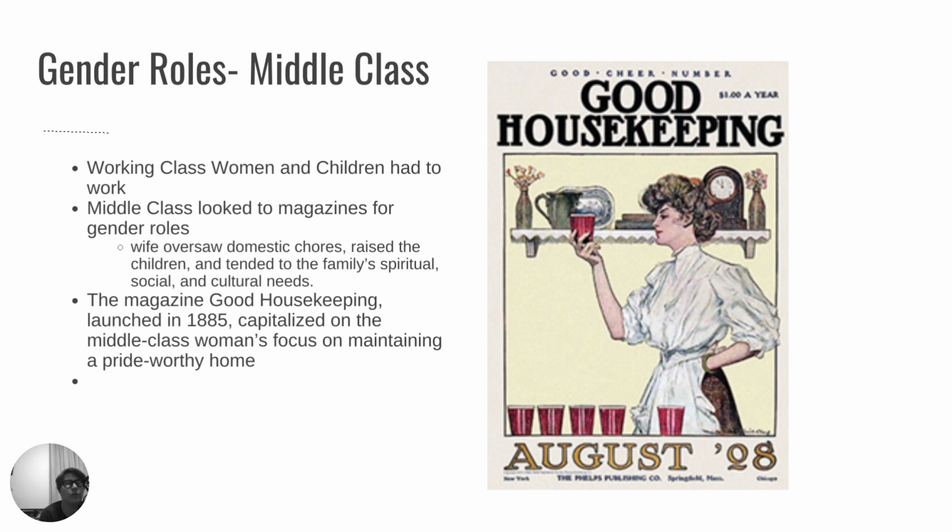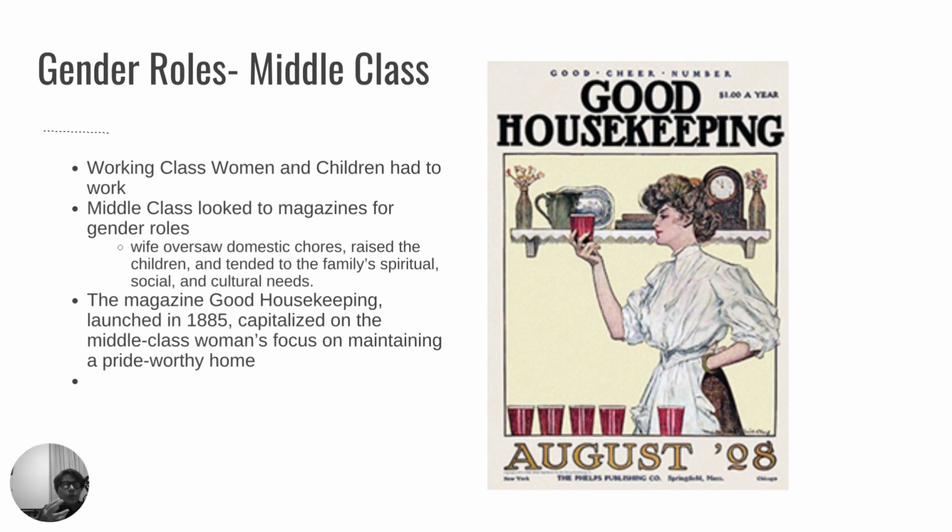This idea of separating themselves from the working class and identifying with the upper class also plays out in their gender roles. Whereas with the working class, women and children had to work, the middle class are trying to maintain their gender roles. And there are a lot of popular magazines that are targeted at middle class women, things like Good Housekeeping. And so this is an extension of the cult of domesticity.